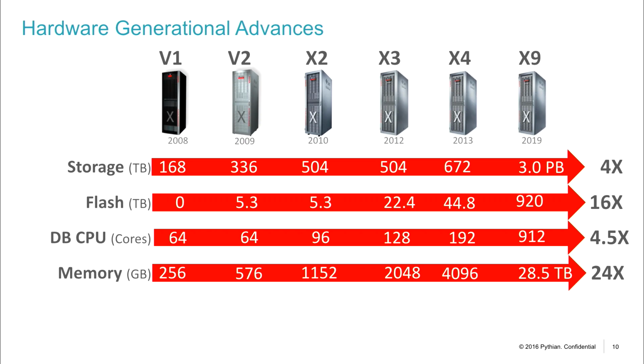So as you can see, we have grown a lot. Flash storage started at 0, and currently we have 920 terabytes, and similar with the CPU and with the memory, right? So the advancements that we had in just 10 years from the Exadata are very exponential.